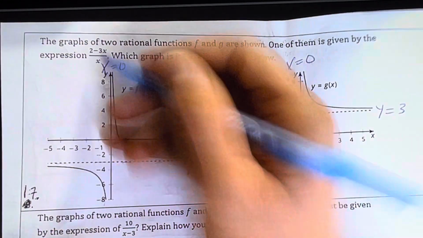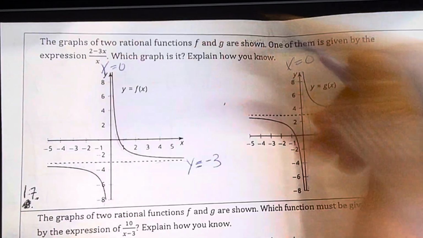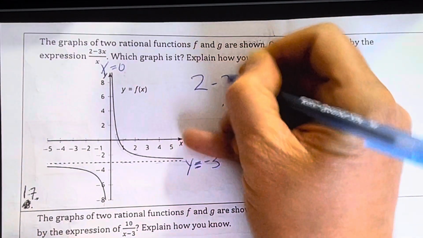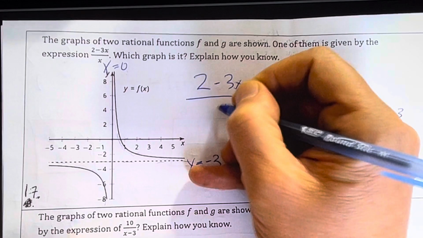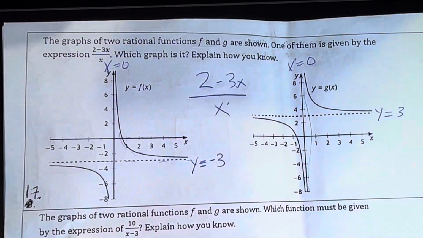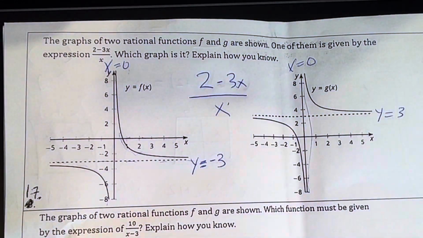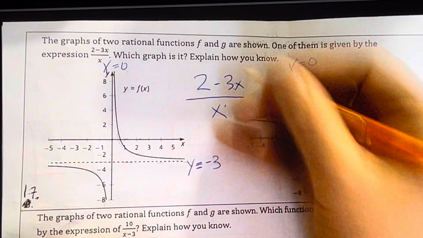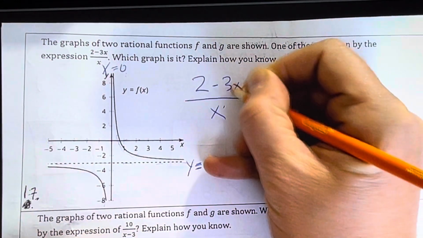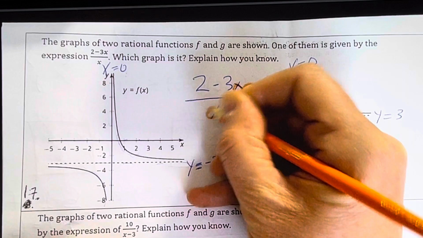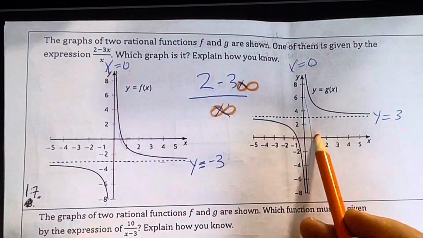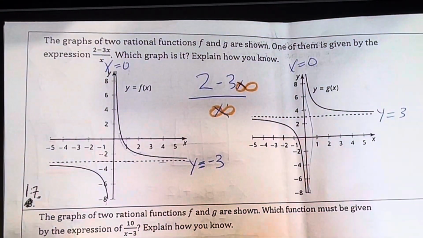So let's take this (2 minus 3x) over x. I'll write it bigger. (2 minus 3x) divided by x. And then we substitute infinity for x to see what happens as x goes to infinity. Okay.